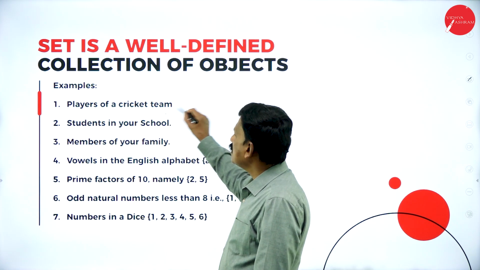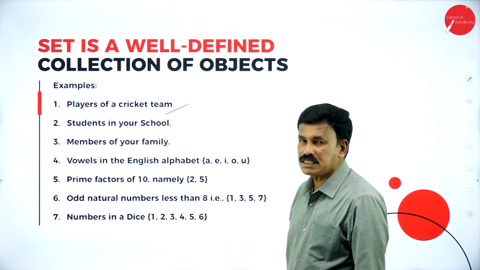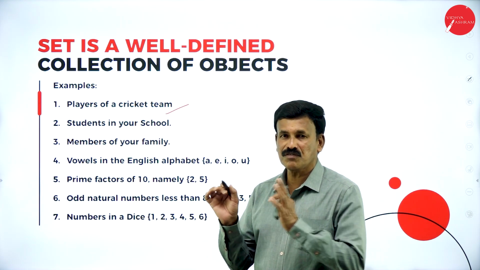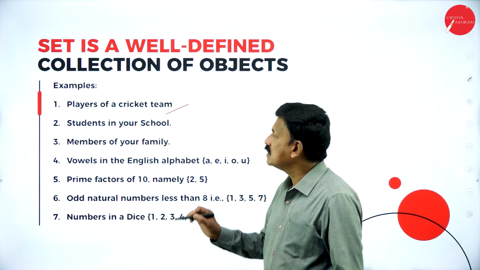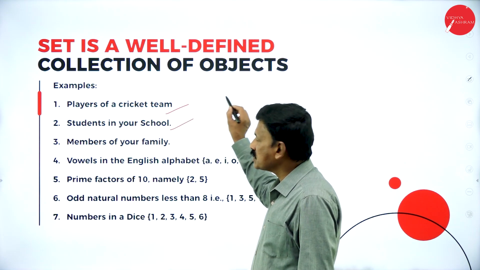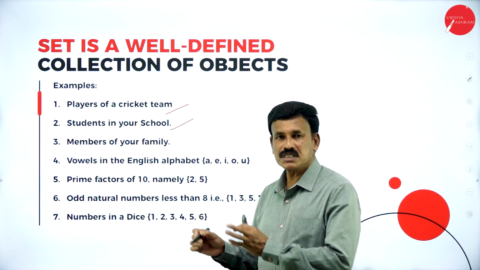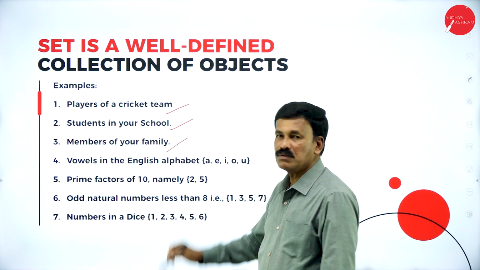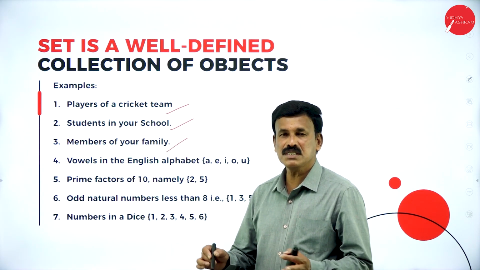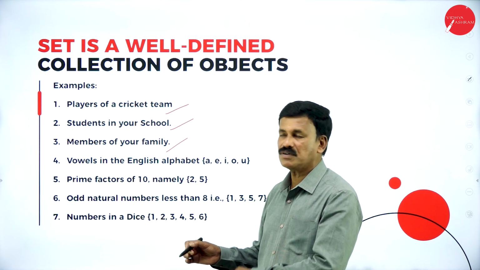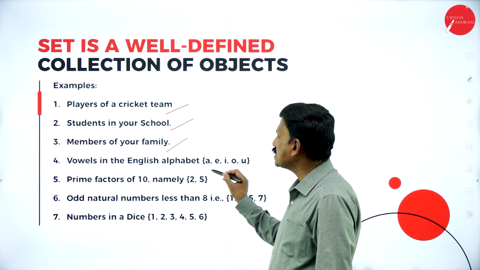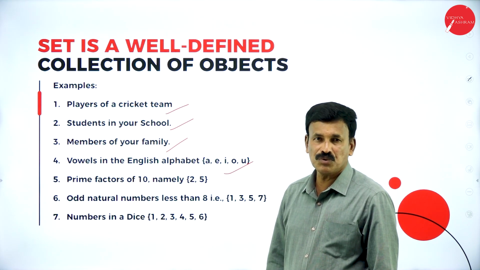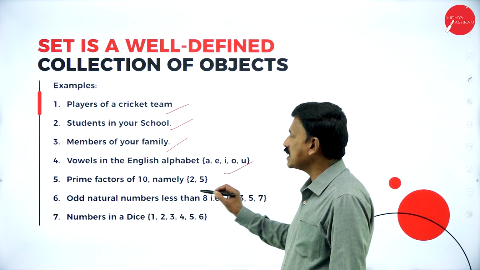For example, the players of a cricket team, the collection of cricket players, is a set. Again, students in your school is a set. Members of your family is also a set because it's a collection of well-defined objects. Vowels in the English alphabet, A, E, I, O, U, is also a set.